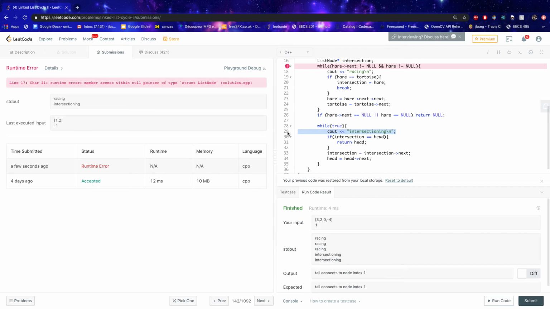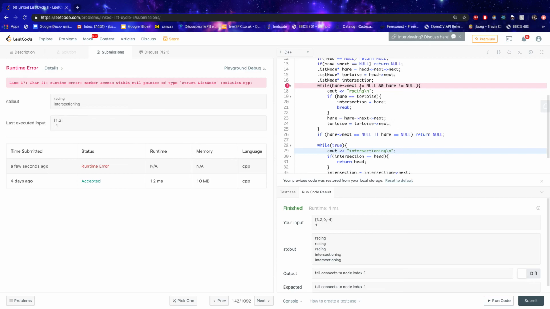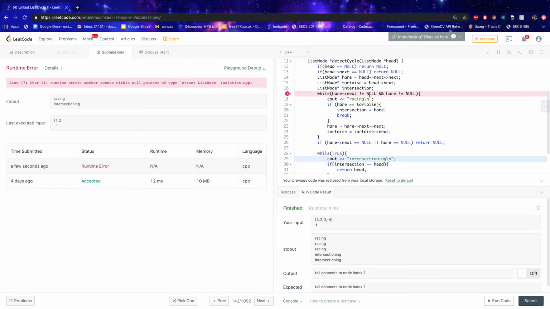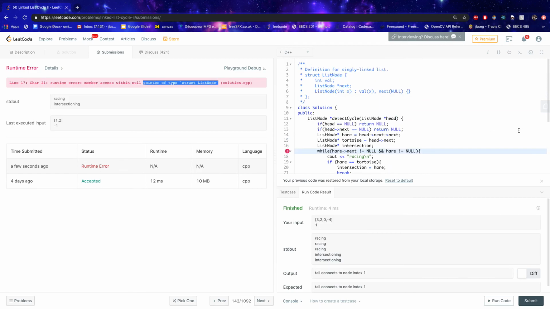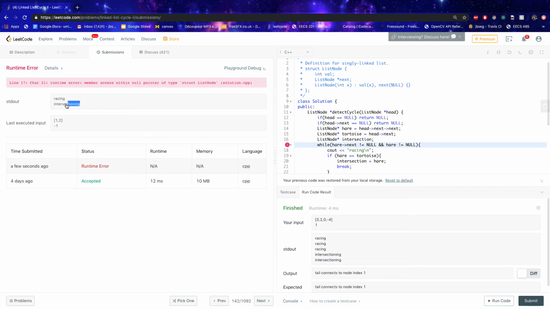Wait, runtime error: member access within null pointer of type struct node. Yeah, I have no idea what that means.